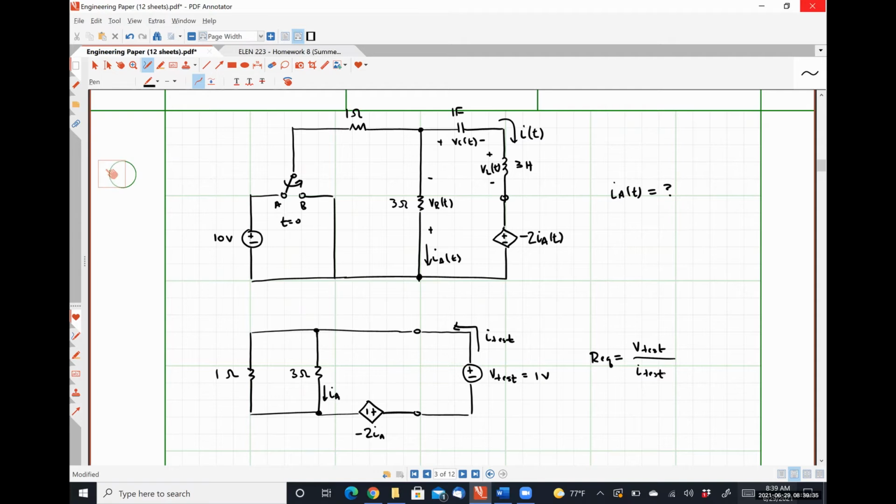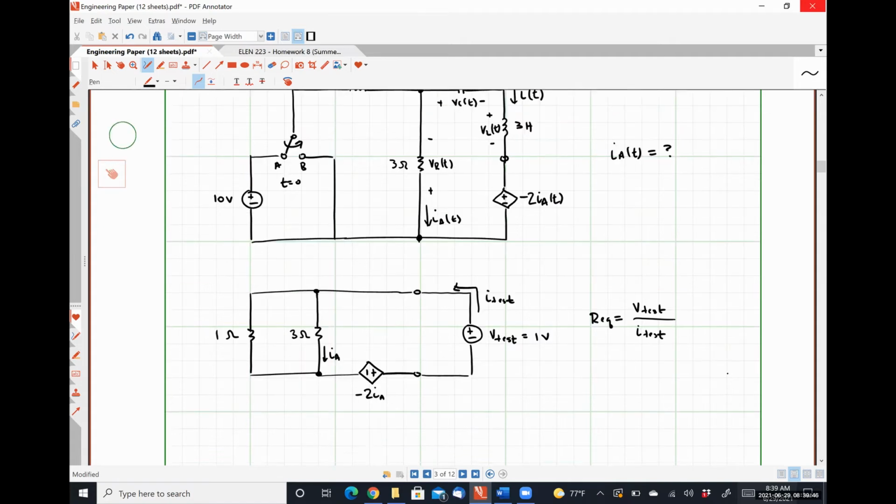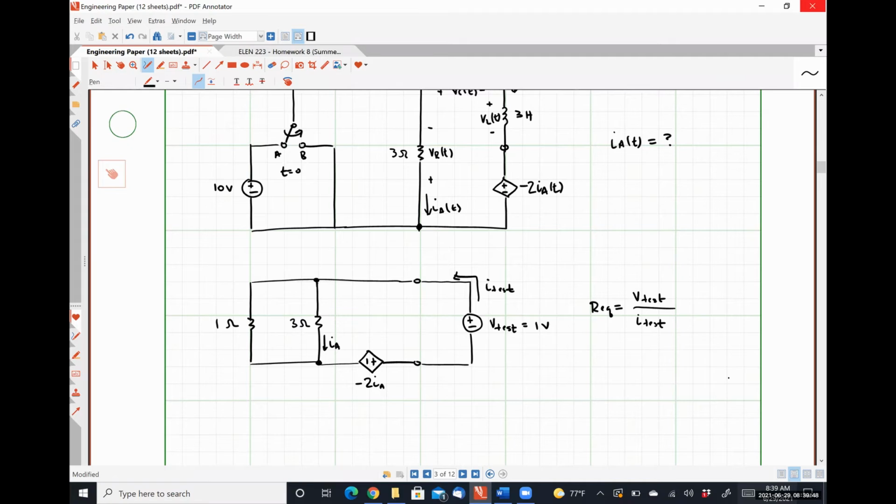That's how we apply the test source method to determine the equivalent resistance of any network containing a dependent source, right? Okay, so what analysis method do you guys want to use to determine what that current I test is?